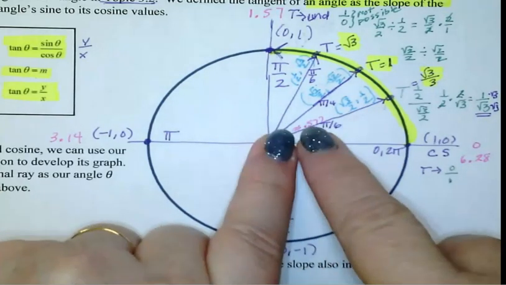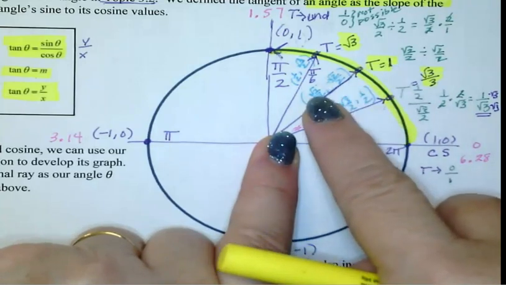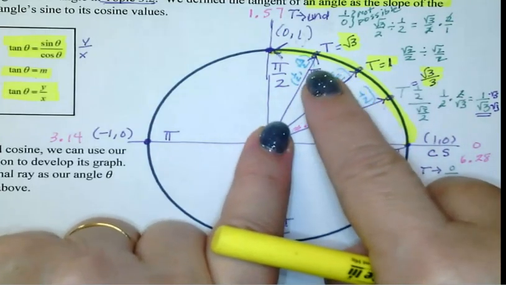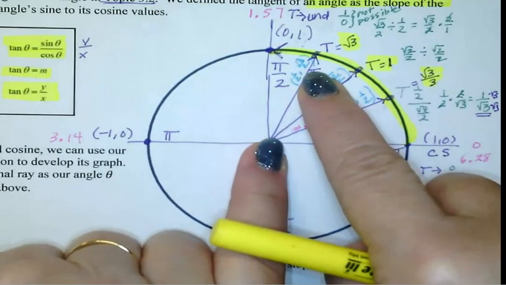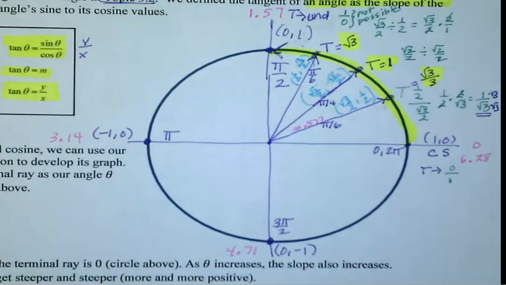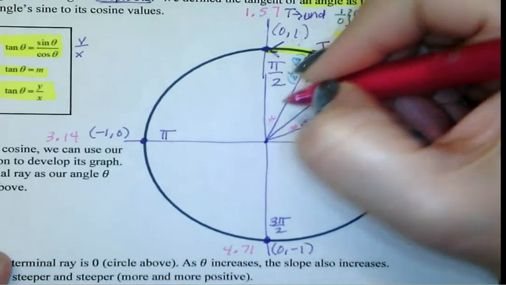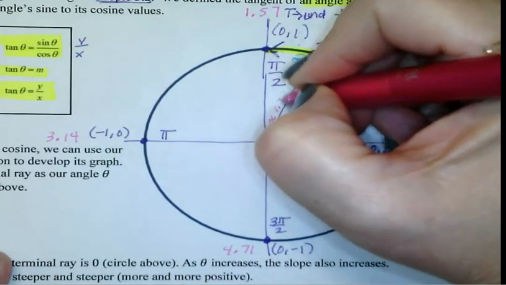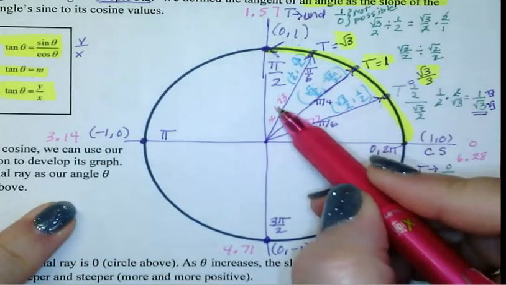So you can see we started at 0.577, and as we got a little bit bigger, we came up with one that was actually 1, and then we got a little bit bigger, and now we are coming up to an approximation on this one of 1.73. And remember that approximation is for tangent, okay? So as we can see, the tangent values are getting bigger.